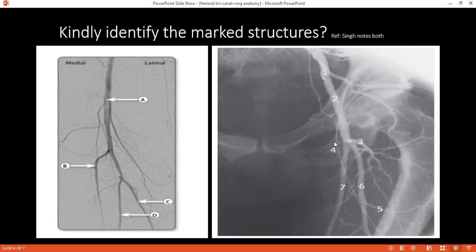Okay, what is this called before we go ahead? This is an arteriogram. Yes.